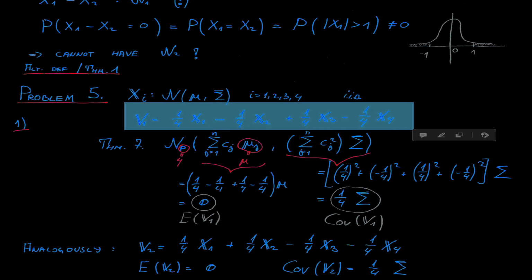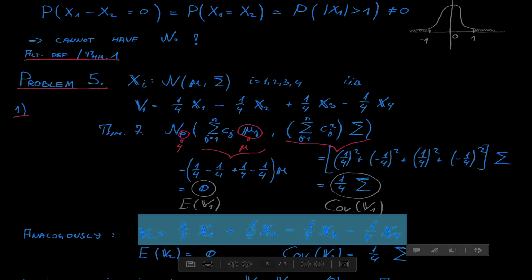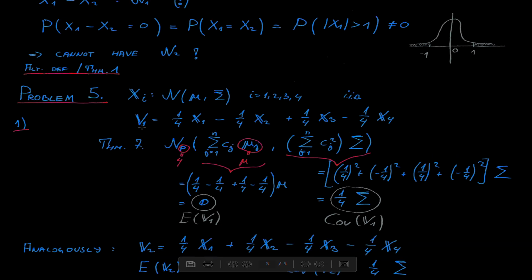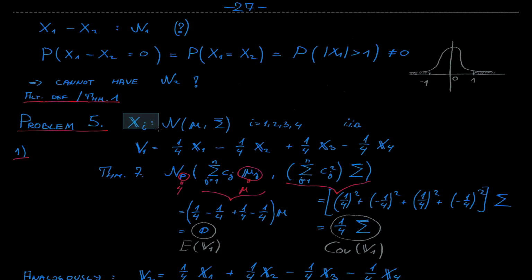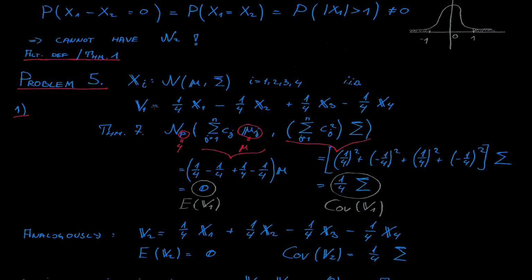So v1 is given as this linear combination, and v2 is given like this linear combination. By theorem 7, because we have a multivariate normal sample, so all our random vectors come from this distribution, we can find the marginal distribution of v1. The theorem tells us not only that the linear combination has multivariate normal distribution, but also what the mean vector and the covariance matrix of that distribution are.